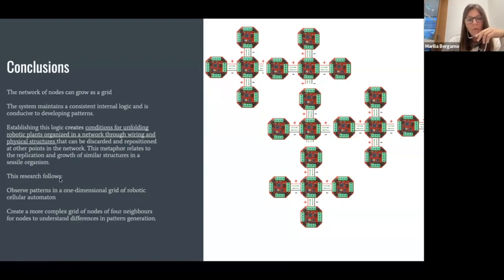And this metaphor relates to the replication and growth of similar structures in sessile organisms. What this research follows and needs to go for is to observe the patterns in the one-dimensional grid in the robotic cellular automaton, and create more complex grids of nodes with 4 neighbors to understand the difference in pattern recognition.